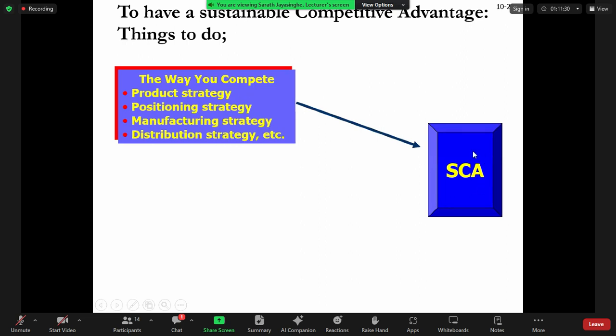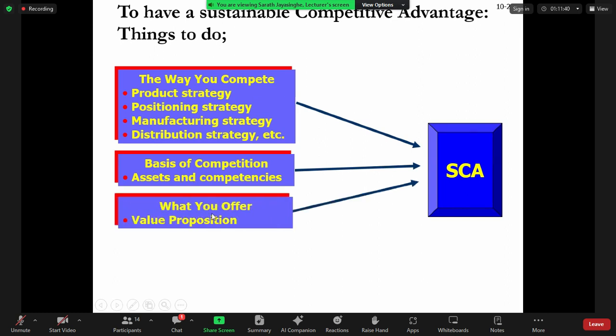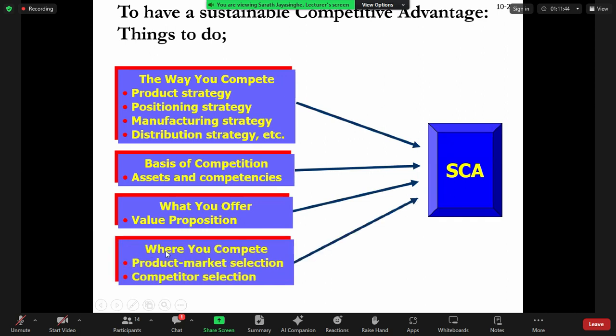Then you can develop sustainable competitive advantage. And then basic competition assets and competencies you can consider in this model, what you offer, that is value proposition. Where you compete, product market selection, competition selection. This is what we consider to get the strategic competitive advantage.